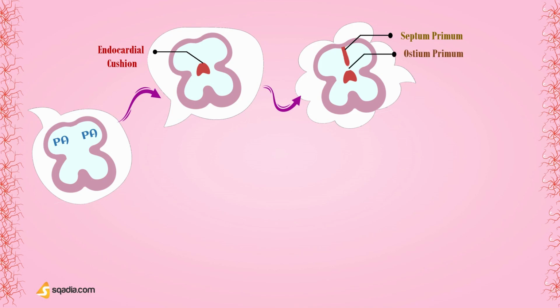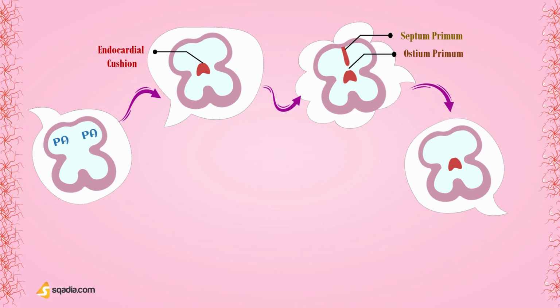Ma'am, as this gap is developed due to the septum primum, that's why the name of the gap is ostium primum, as it is derived from septum primum, and ostium means gap. Yes, you are right.